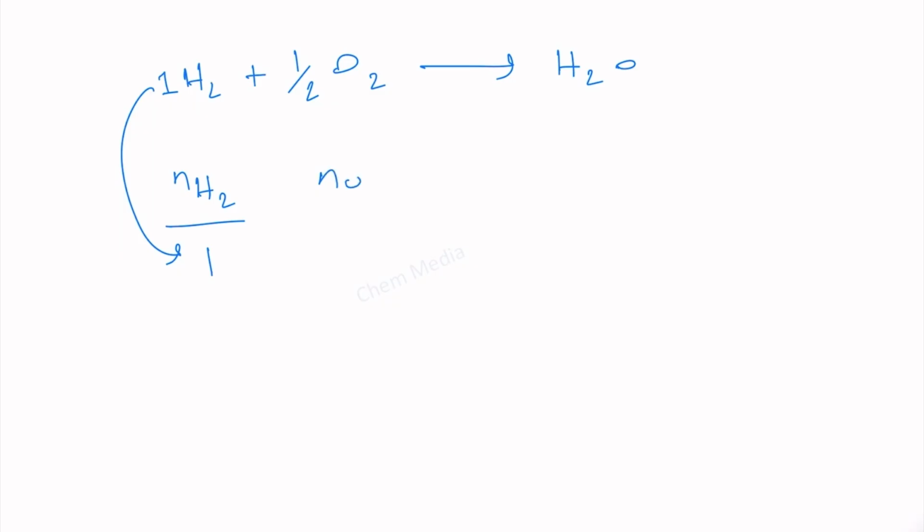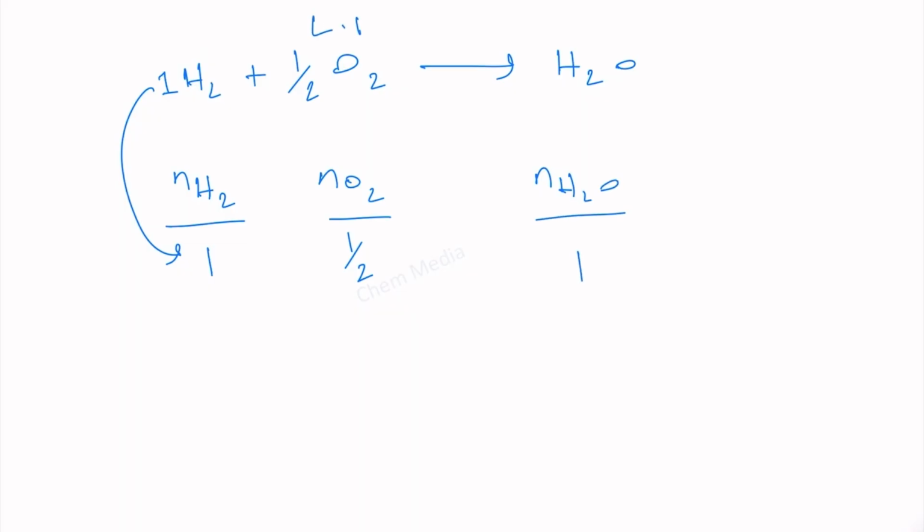Let us find out exactly how many grams of water we will get in option E. And for that, let us first write the stoichiometric moles. If we write down the stoichiometric moles, it will be number of moles of H2 divided by whatever the coefficient that we have, here number of moles of O2 divided by 1 by 2, and here number of moles of H2O divided by 1.